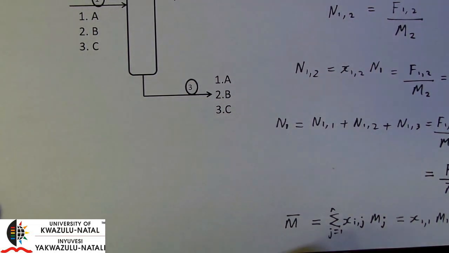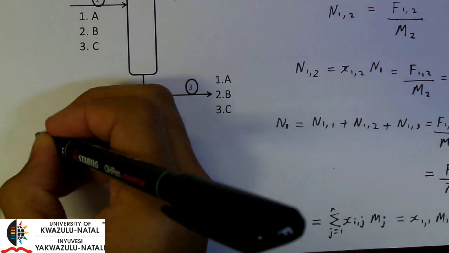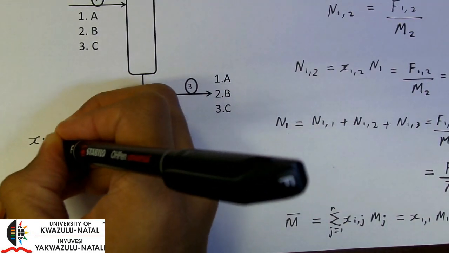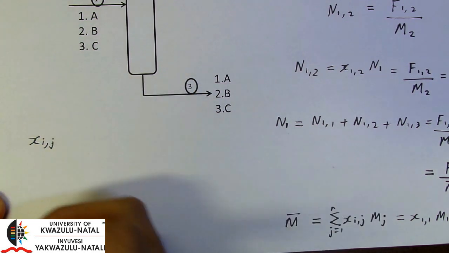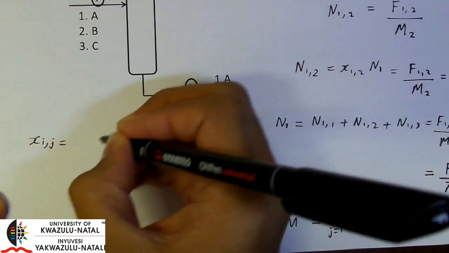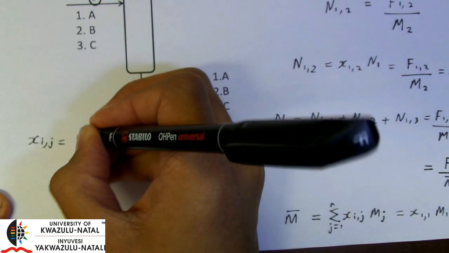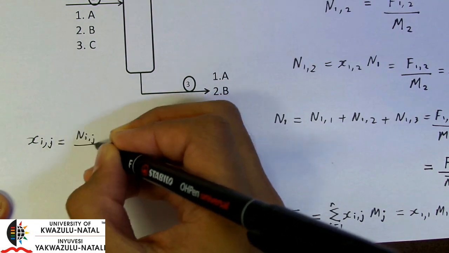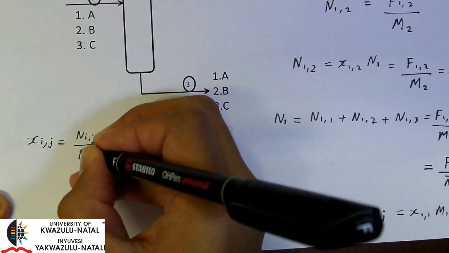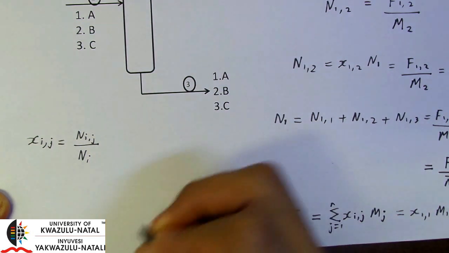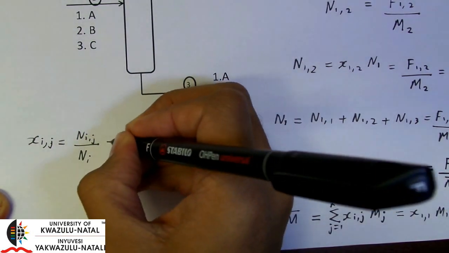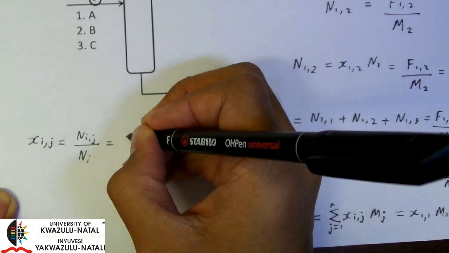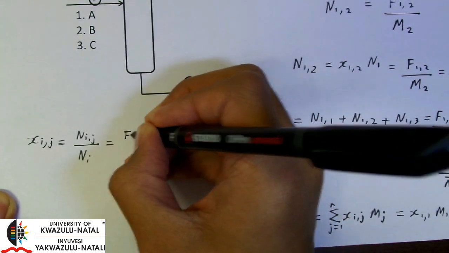Another convenience that we can write is our mole fraction of component J in stream I. We can express it in terms of our flow rates: our molar flow rate of component J in stream I over the total molar flow rate of stream I. And we can express this in mass terms as well, using our molar masses.